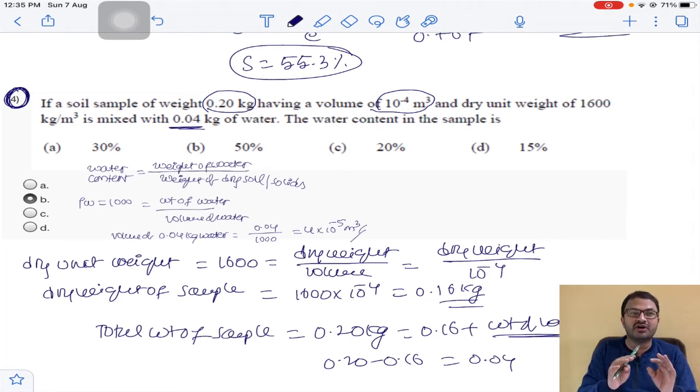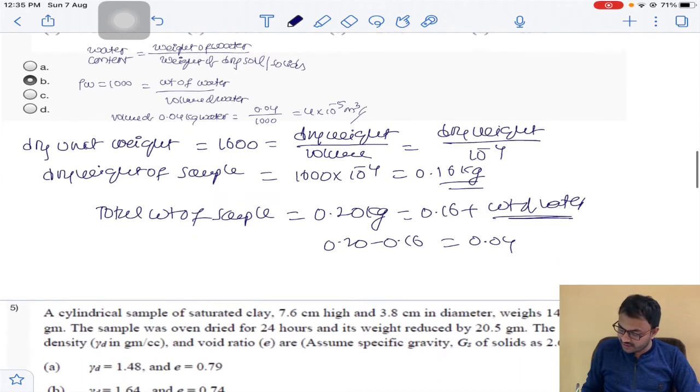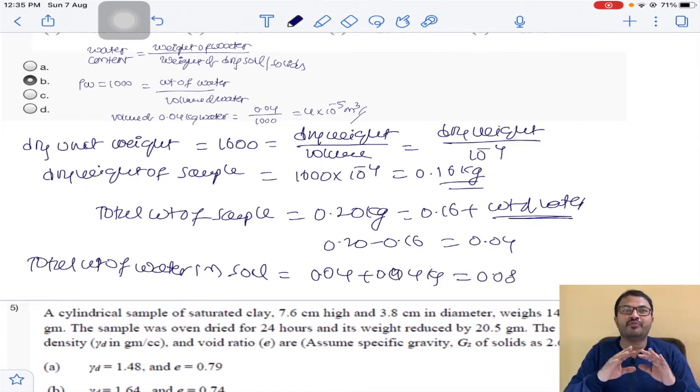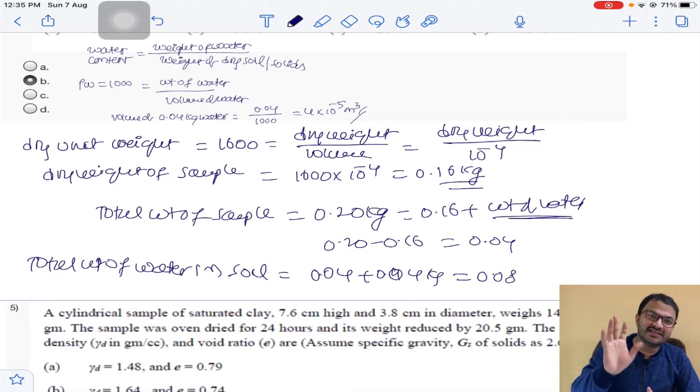Now again we added 0.04 kg. So total how much water is there in the soil now? Total weight of water in soil is equal to 0.04 kg we added, and already 0.04 kg present in the sample.